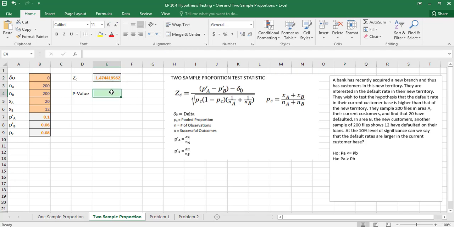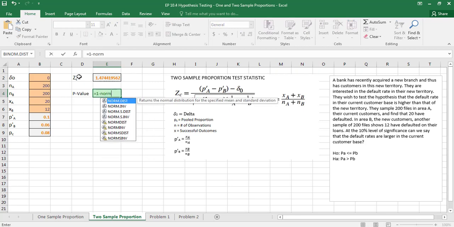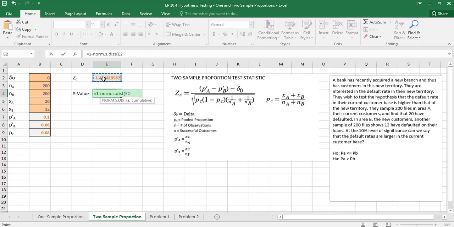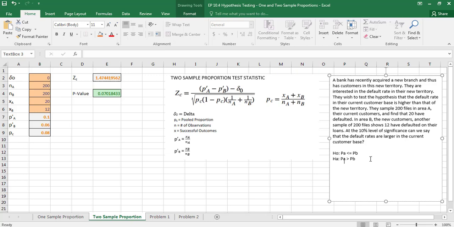Alright, and for the p-value, since this was a right tail test, we have to do equal to 1 minus norm.s.dist, open parentheses, enter the z-score, comma, and true for cumulative. And that gives us a p-value of 0.0702, rounded to 4 decimals.